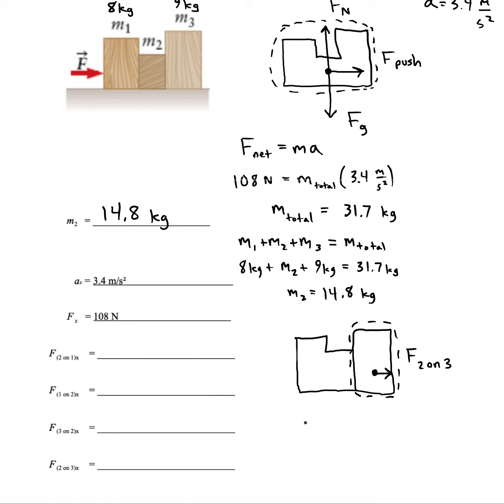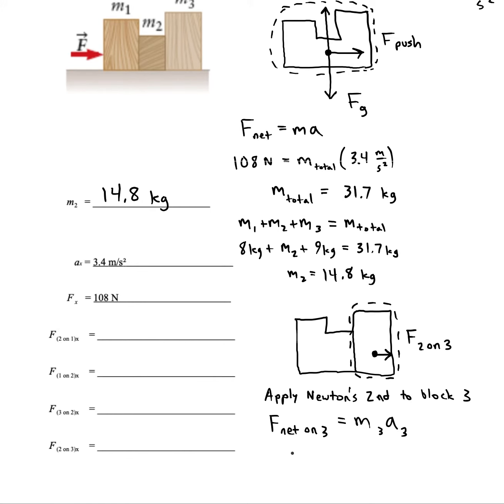So we want to apply Newton's second law just to block 3. So you'll have F net on 3 equals the mass of 3 times the acceleration of 3. So Newton's law is very versatile because you can apply it to whatever system you choose. And we know what the mass of 3 is.